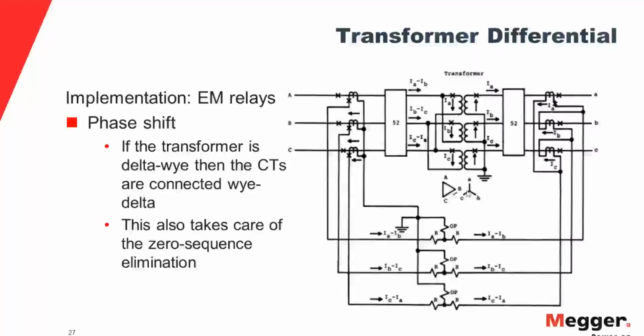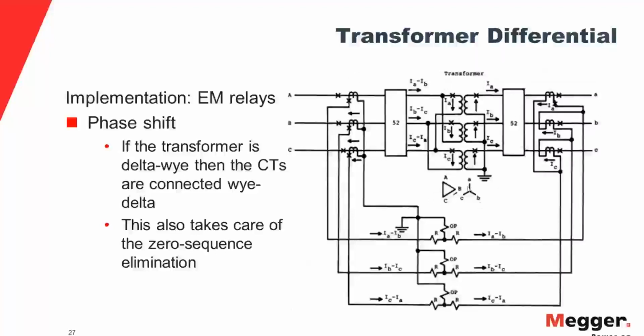So in this example, the CT1 on the primary side has 5:1. And on the secondary side, you have a CT which is 1:1. And the current through that is I capital A dash, and on the secondary side, you have I small a dash.